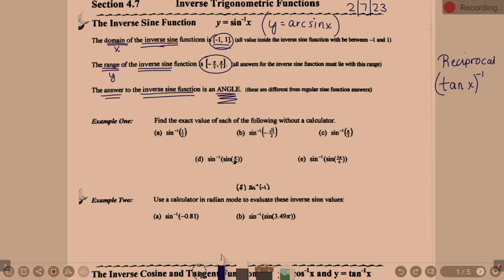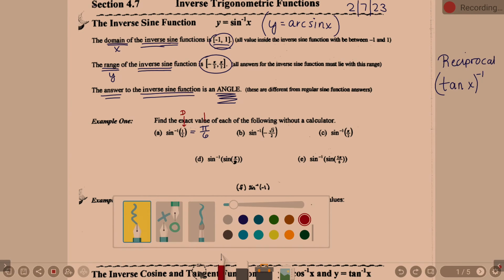Okay. So first of all, realize this 1/2 is my domain, it's my input. Always double check, because it can get tricky here. Is that in the accepted domain area? Yes, it is. -1 to 1, 1/2, it's good. So then the output here is pi over 6.